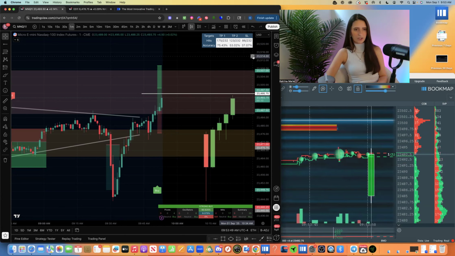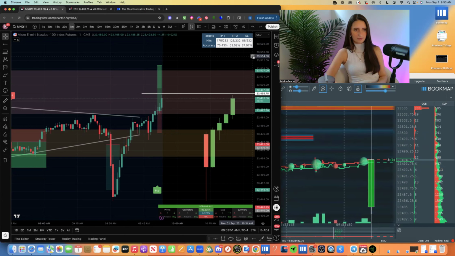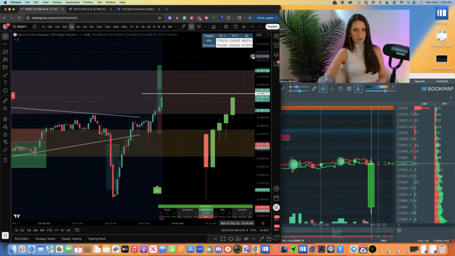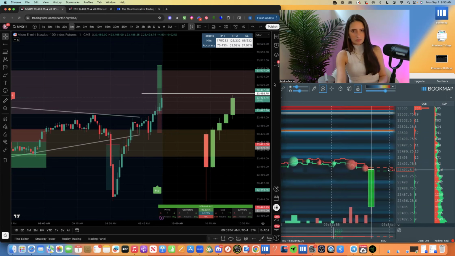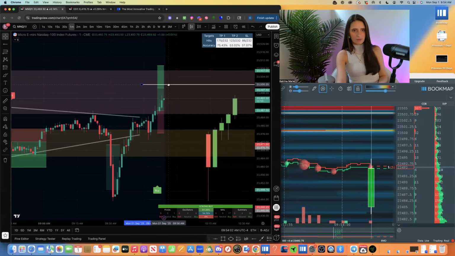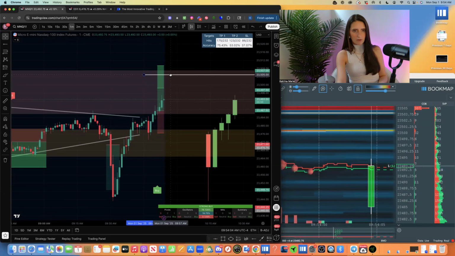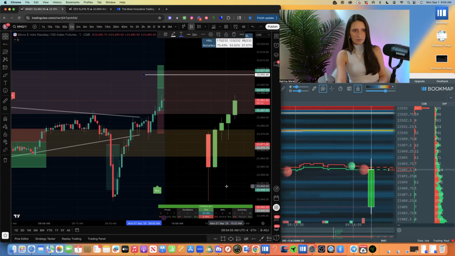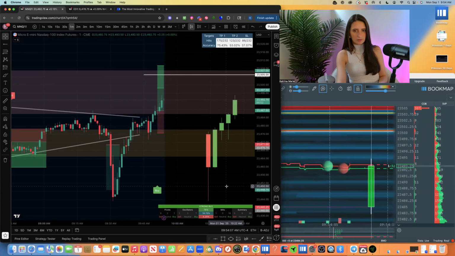Beautiful, beautiful trade. Here we are tapping into that level soon. It looked like they moved it up to 505, which would be about here. So let's see.